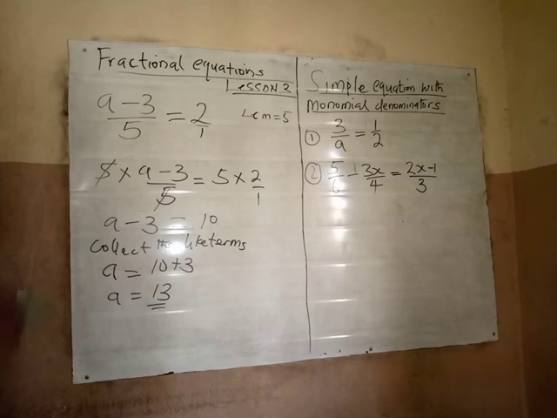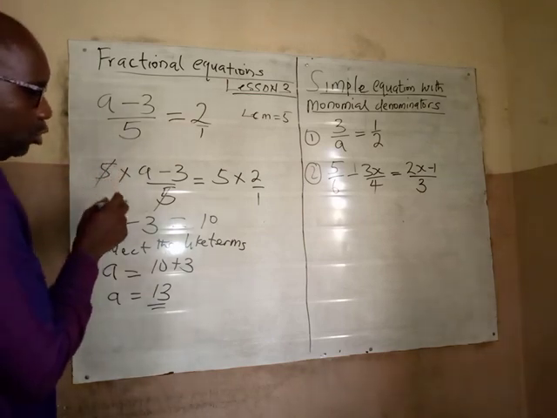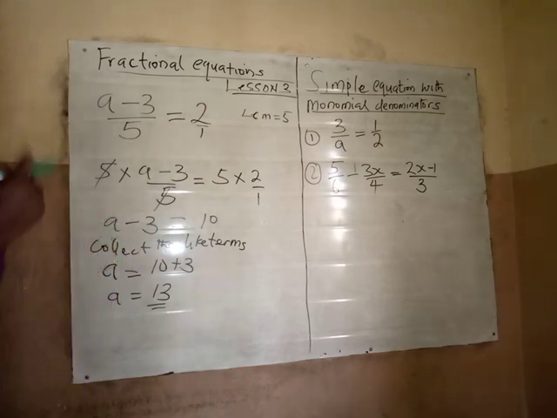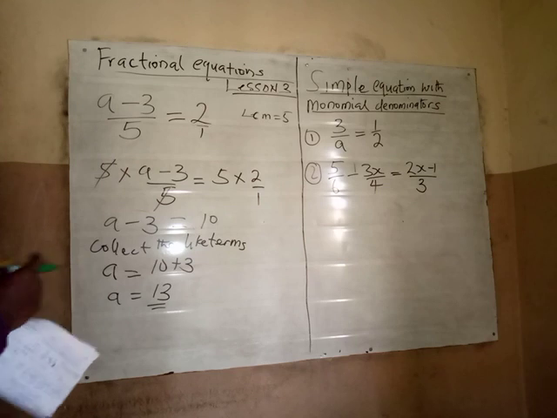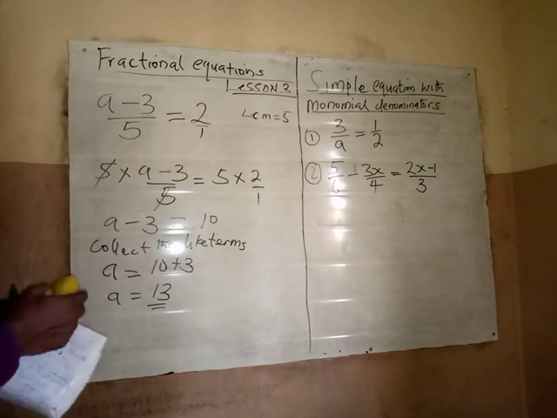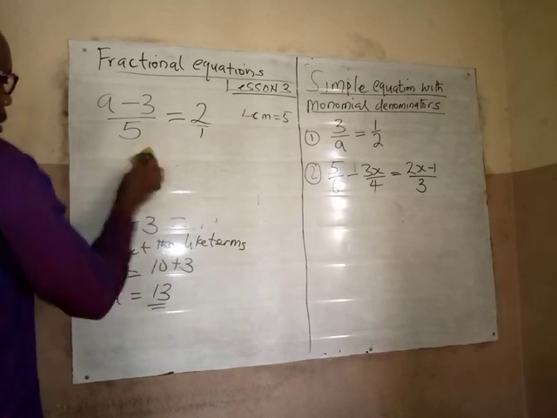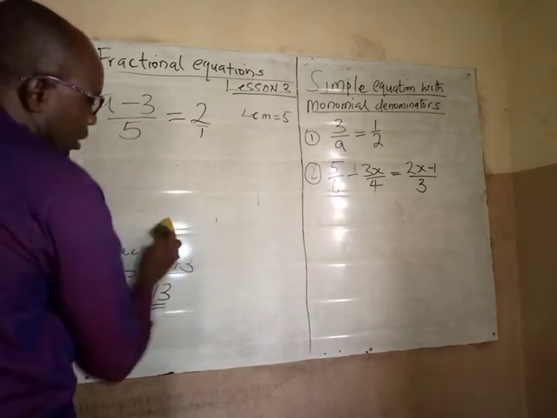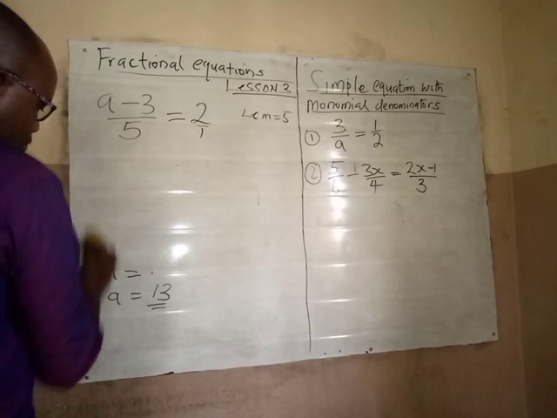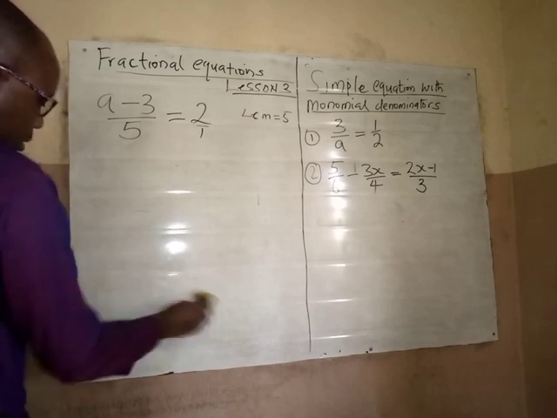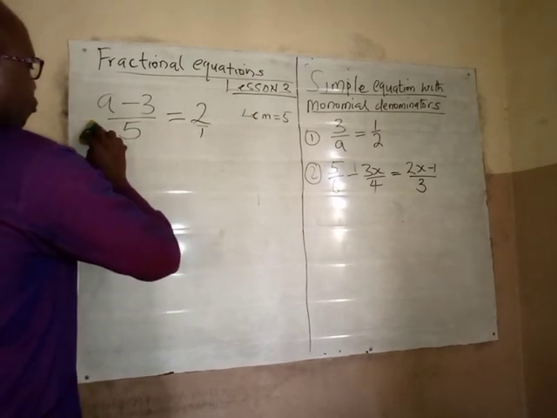But there is an alternative method of solving this type of equation: the cross multiply method. However, the cross multiply method does not work out in all cases. It can be complex when the equation has more than two fractions.